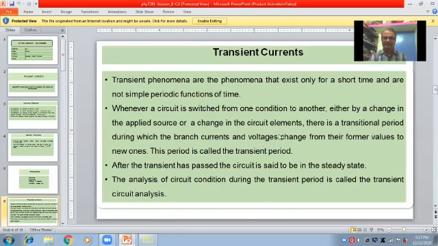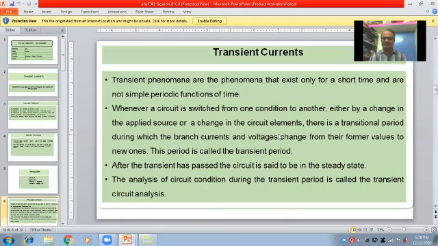So whenever the circuit is switched on or the elements are changed, where there are elements like a capacitor and an inductor, the normal values of current and voltage across the branch will change, because the value of current changes as time passes until the capacitor stores charges to its maximum level.